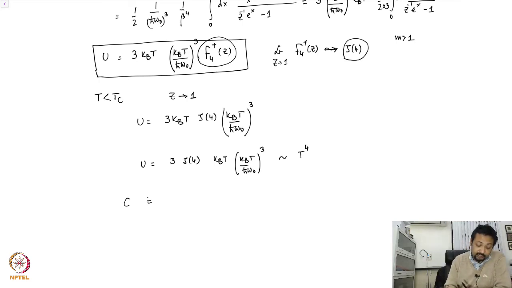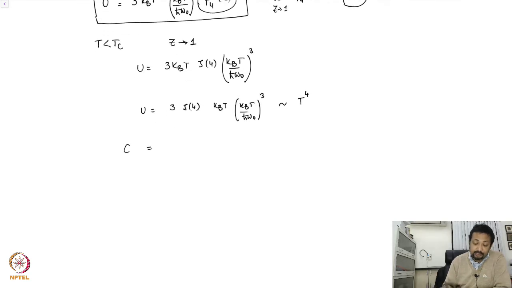The specific heat at constant volume is given by del U del T, so that I have 3 zeta 4 kB, let's keep kB over here, and then I have kB over h bar omega naught whole cube, d/dT of T to the power 4, and that is 12 zeta 4 kB times kBT over h bar omega naught whole cube.